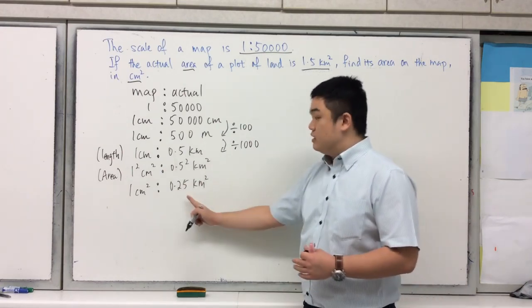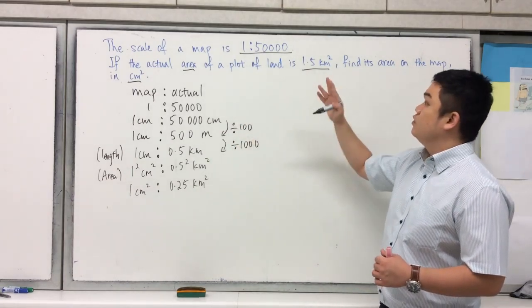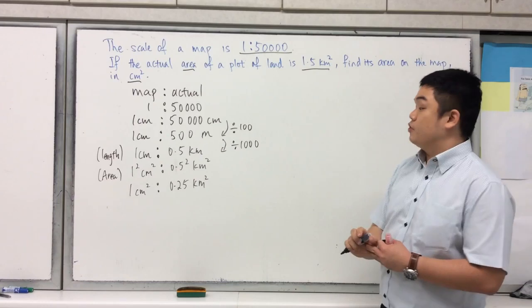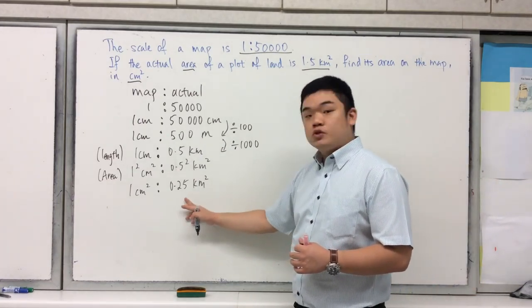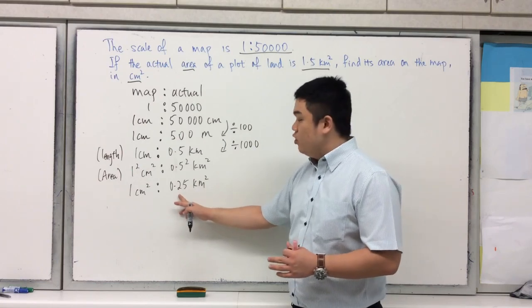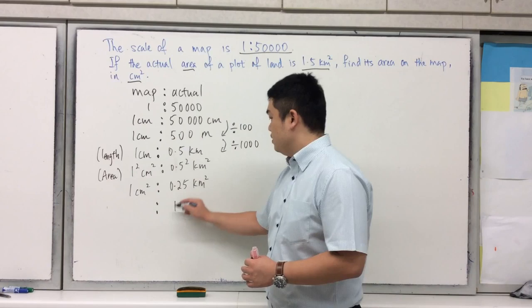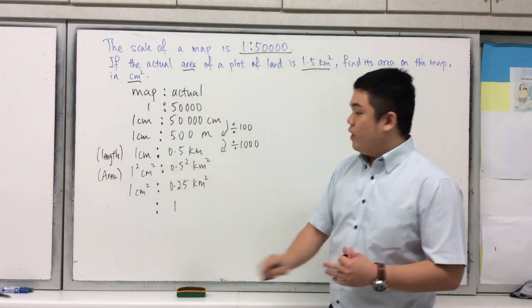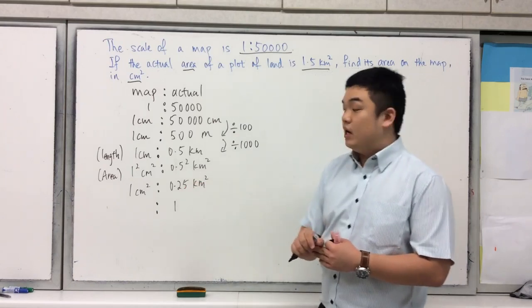So now this is the scale that you will use to find the area scale, to find the answer for 1.5 kilometers square. So now I want to make my right hand side 1.5 kilometers square. To do so, for convenience sake, always make your right hand side 1 first. How do I make it 1? Okay, a number will be 1 when I divide it by itself. So 0.25 divided by 0.25 is 1.